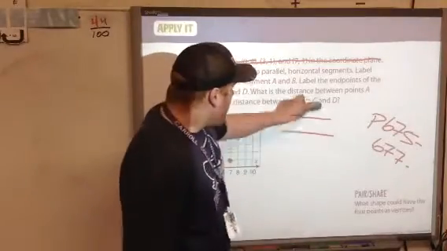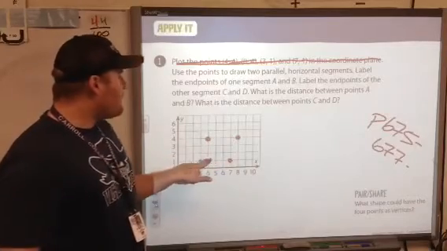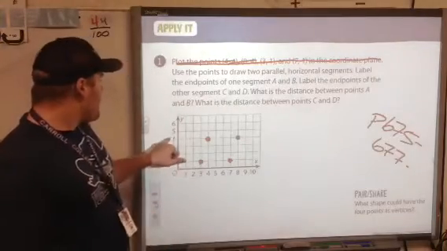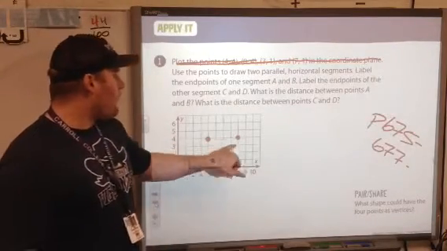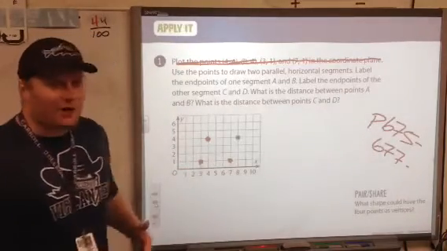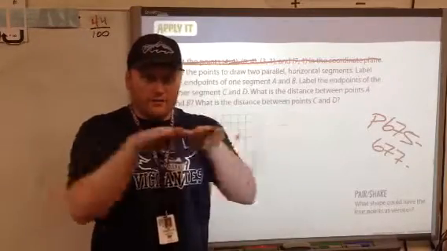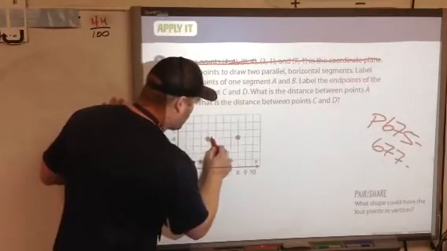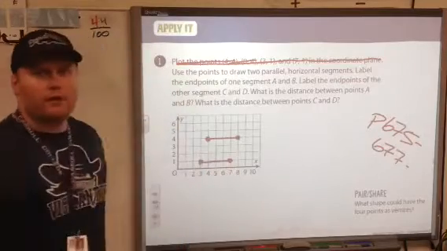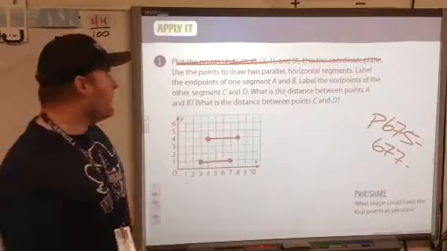What I notice here is that two of my points have the same y number: I have 2 points at 4, and 2 points at 1. To connect those, I would draw a horizontal line, horizontal meaning side to side. A horizontal line connecting the first 2 points, and a horizontal line connecting the second 2 points, creating two horizontal and parallel lines. There we go, step 2.